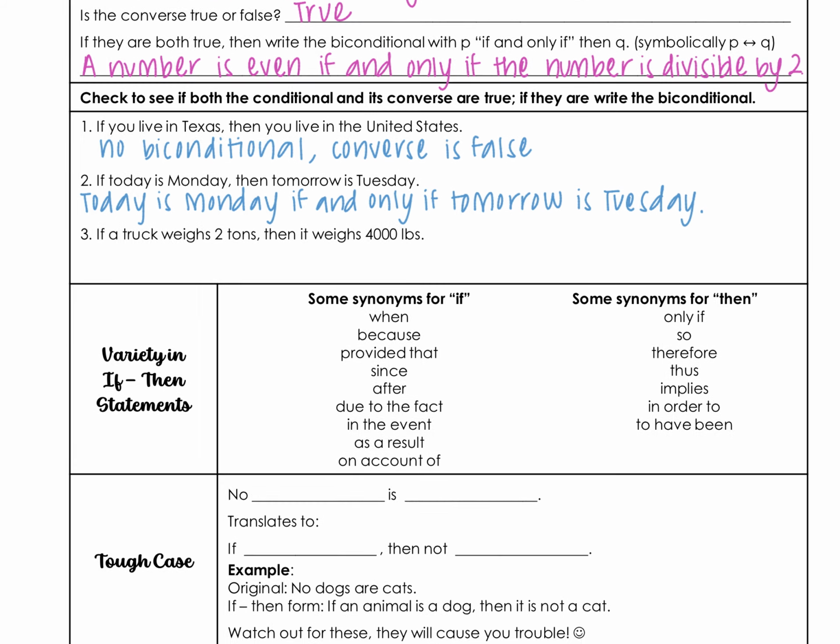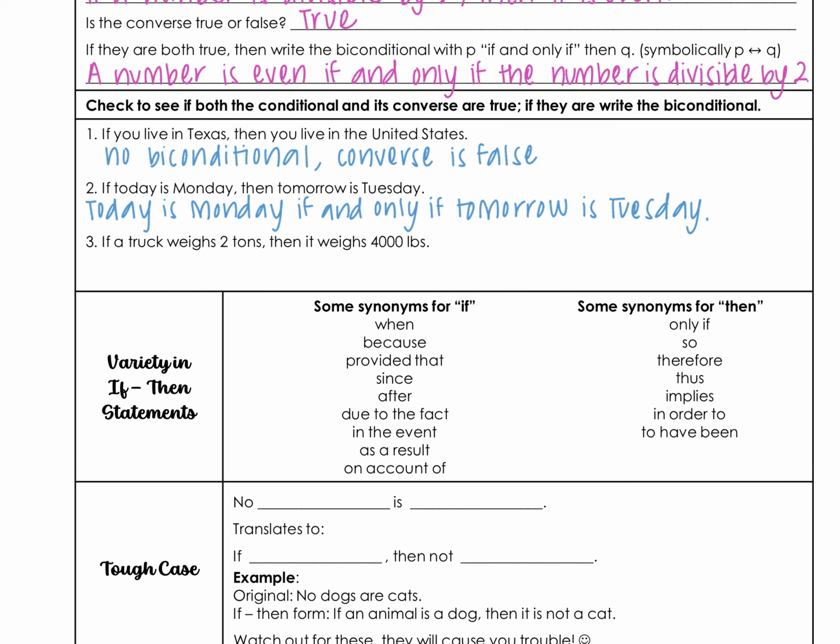A truck weighs 2 tons if and only if it weighs 4,000 pounds.